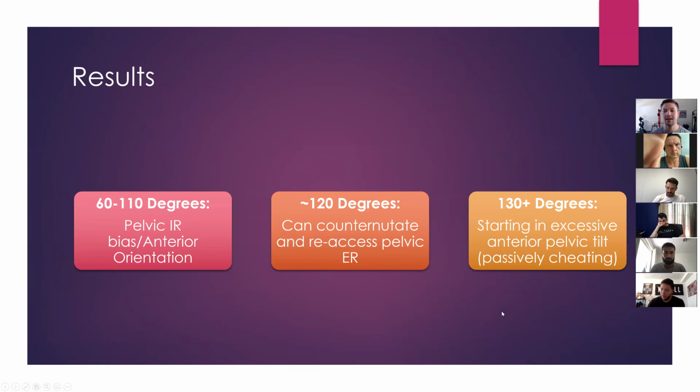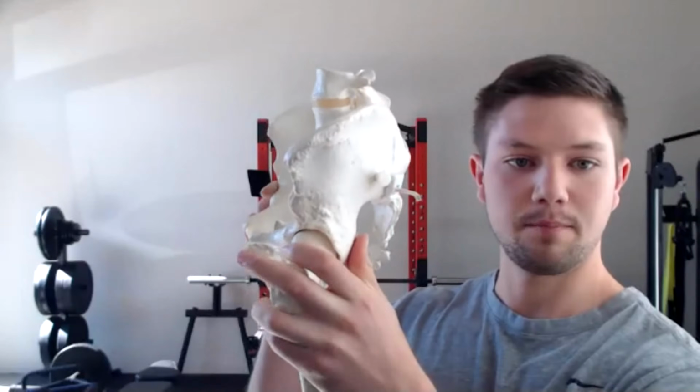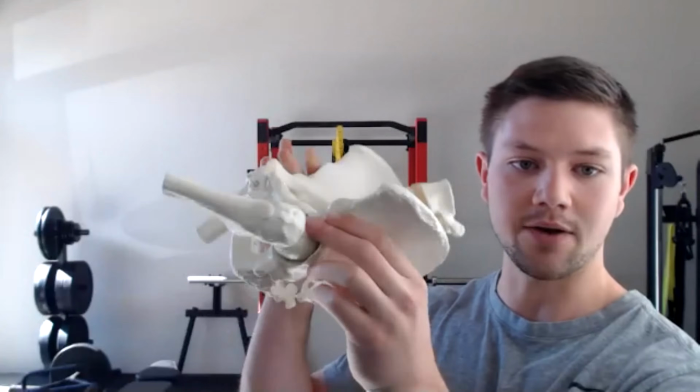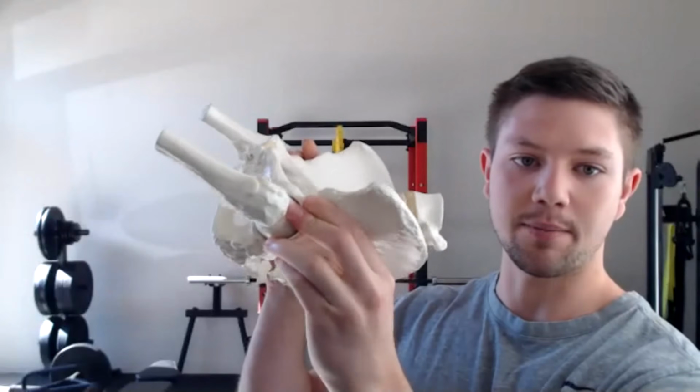But if they get way past that, then that's probably a reflection of this person starting in a ton of anterior pelvic tilt. And you can think of it like this. Normal standing, right? But if I'm extended and my pelvis is forward and I go to lay on the table, what's going to happen?